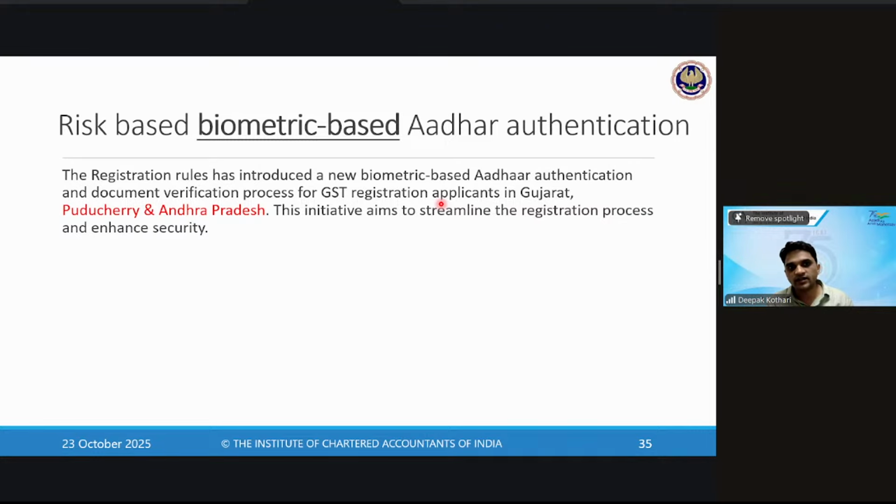So to avoid that, what the government is saying is that we will come up with a biometric based Aadhaar authentication. कि वो आएंगे, बायोमेट्रिक चेक करेंगे, या आपको वहां पे जाना पड़ेगा. बायोमेट्रिक बेस्ड आधार सेंटर्स में आपको जाना पड़ेगा, और फिर बायोमेट्रिक चेक होने पे ही आपका आधार ऑथेंटिकेटेड होगा.